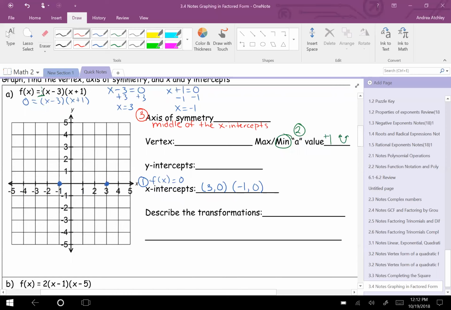So what number is in the middle of -1 and 3? 1. So here is my axis of symmetry. So my axis of symmetry is at x equals 1.